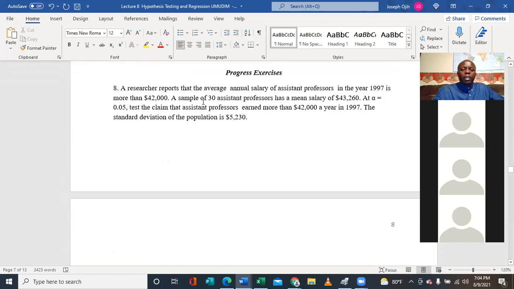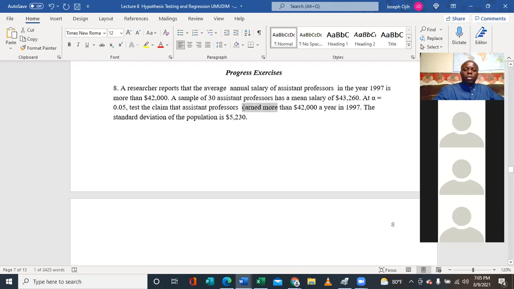A sample of 30 assistant professors has a mean salary of 43,000. At alpha 0.05, that means significant level, test the claim that assistant professors earned more than 42,000 a year in 1997. The standard deviation of the population is 5,230. So see that they earned more than.